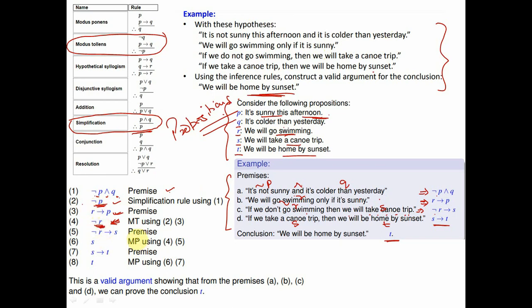Negation of R. Then again a premise says negation R implies S. I have negation R implies S and I have negation R. So I can apply modus ponens over these two to come to S. So now I have the derived premise S. Once again, I have yet another given premise, that is S implies T. Now I can apply modus ponens to come up to T, which was the required conclusion.